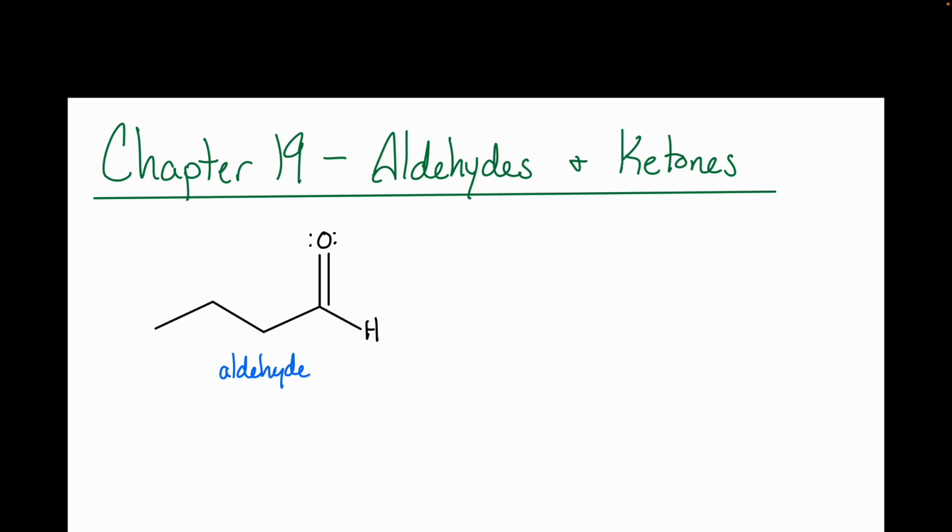Whereas a ketone is if we take that molecule and we move that carbonyl group into one of those internal positions. So that carbonyl carbon is bonded to a carbon on either side. That would be a ketone.